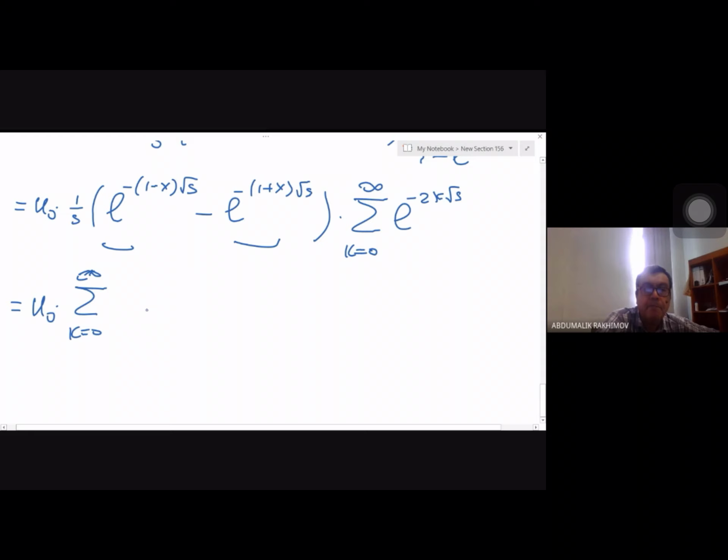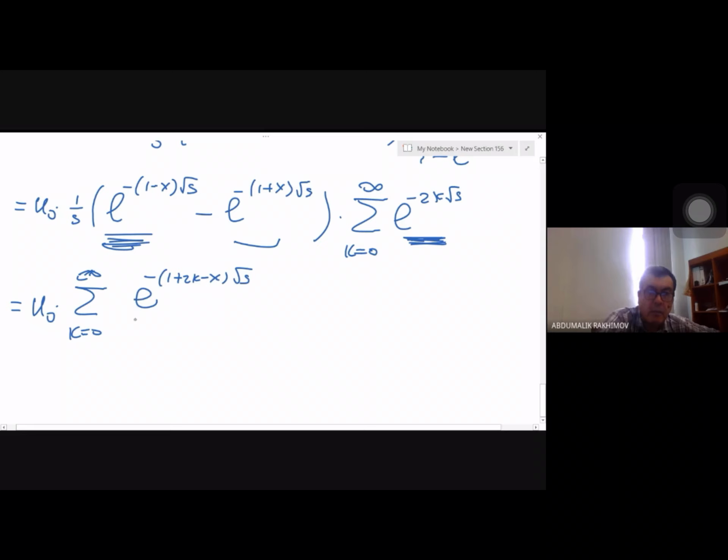So what will it be? Exponential times exponential, where the exponents are added. First it will be exponential of minus (1 plus 2k minus x) root of s, over s.